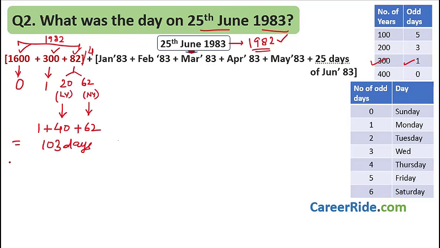And if I try to convert them into weeks and see how many odd days, how many extra or loose days are left, I will have 103 divided by 7. I have to divide by 7 because a week has 7 days. From here I get 14 weeks plus some odd days. And how many odd days are these?